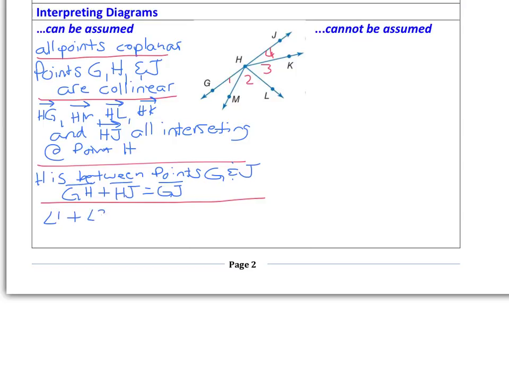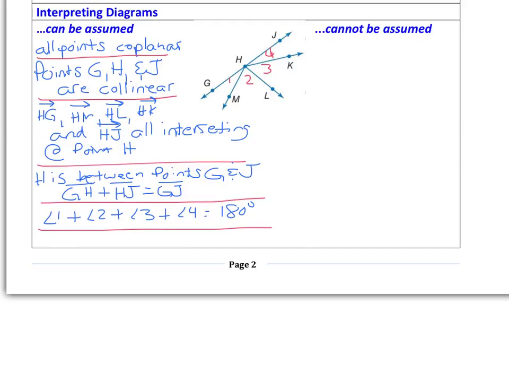So we can say, since they are forming a line, that the sum of all 4 are going to be 180 degrees. And we can also say, because of that then, we can look at larger angles, and in this case I'm going to have to use the letters. I can say any combination here that are not overlapping are supplementary. I'm just going to choose maybe 1 and 2.